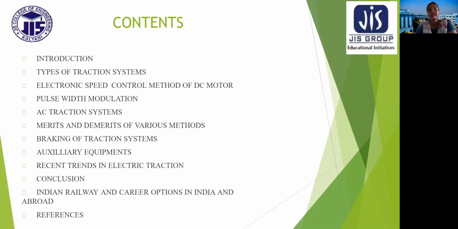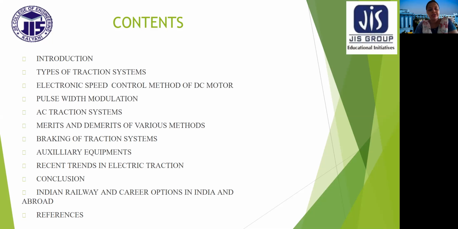The contents that we are going to deal with over here are: the introductory part, types of traction system, what are the different kinds of traction system that can be used or that are being used here in India also, and what are their advantages, disadvantages. Electronic speed control method of DC motor is very important, how the speed control can be obtained.